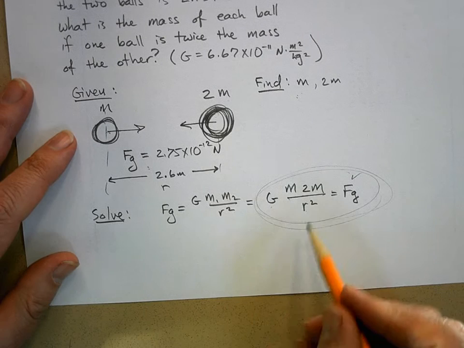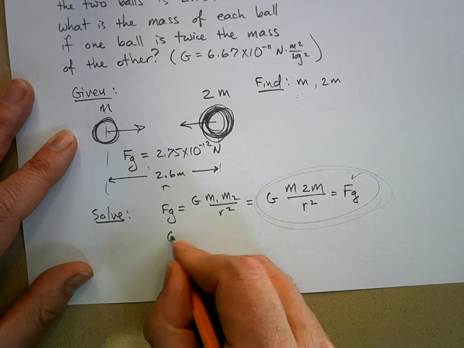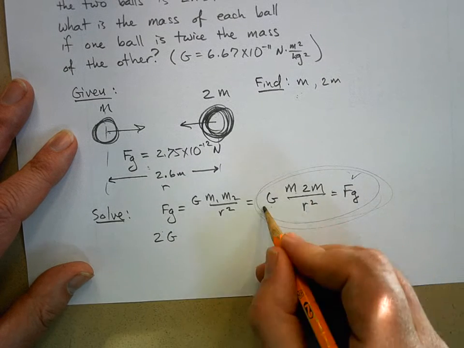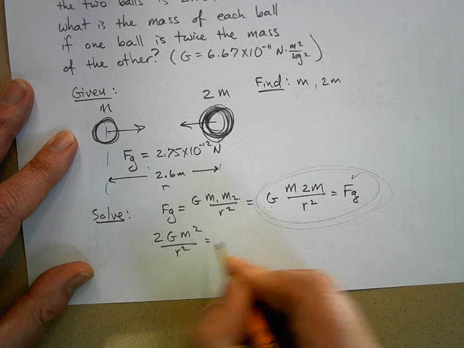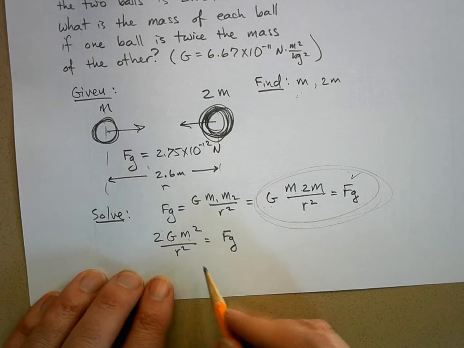Now what I'm going to do is rewrite this. This is G. I'm going to take the 2 out here: 2G m squared over r squared equals the force of gravity. Now I'm going to solve for m.